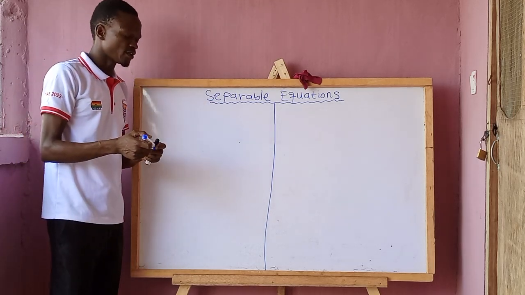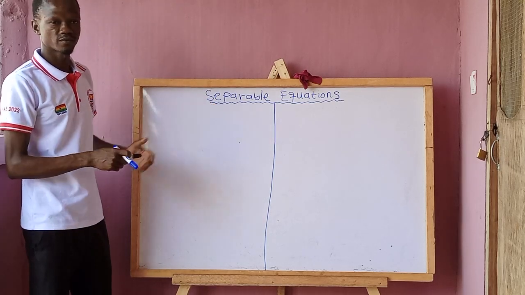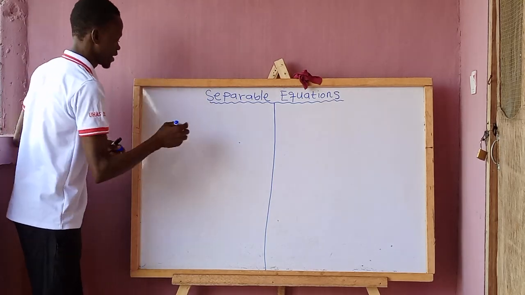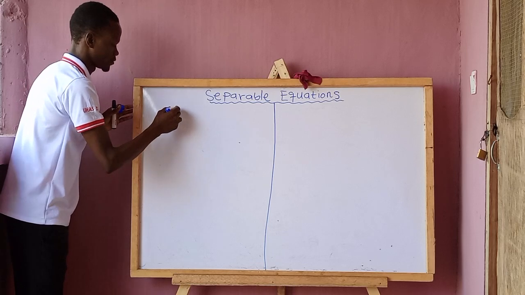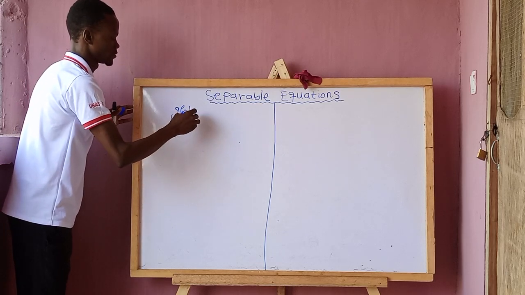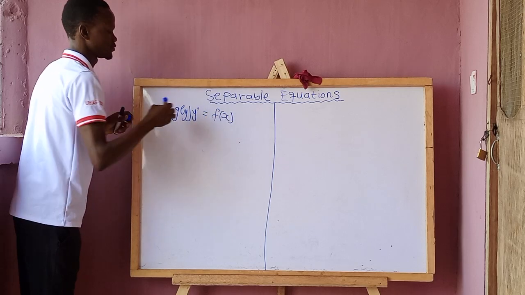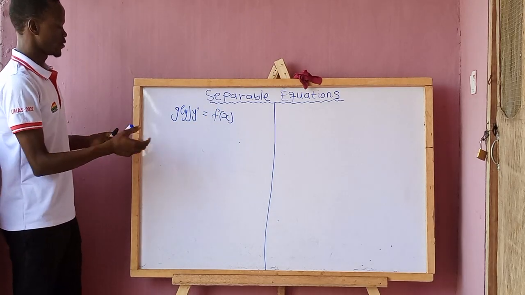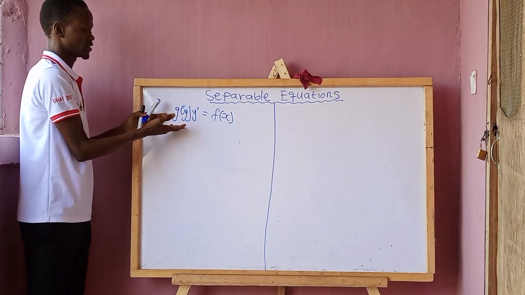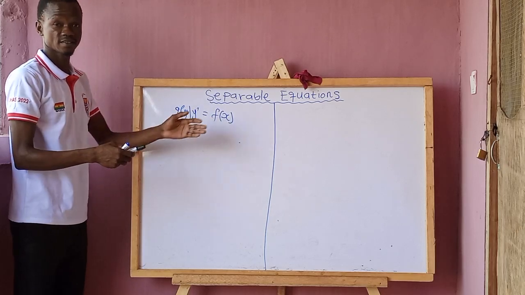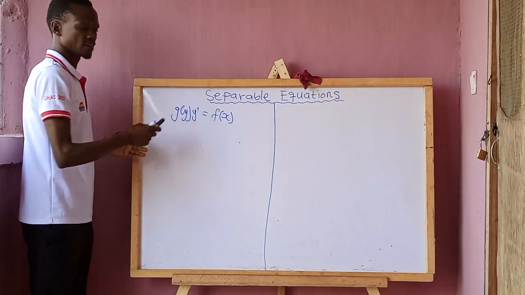A separable equation is of the form g of y prime to be equal to f of x. So that means that we have the y variables at this side and the x variables at the other side. We have separated them.